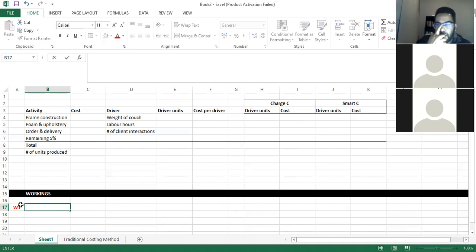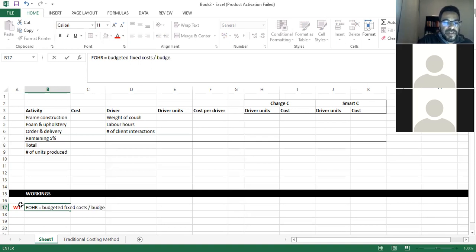The way we're going to work out fixed costs is by rearranging the fixed overhead formula. Fixed overhead rate equals budgeted fixed costs divided by budgeted activity.